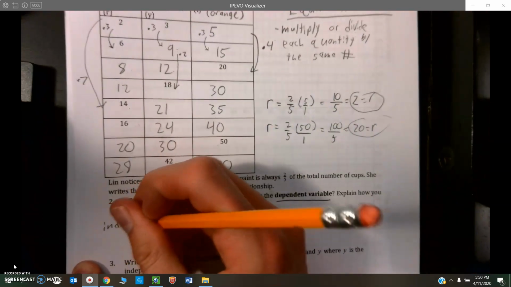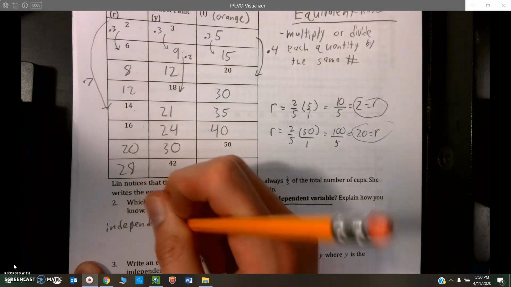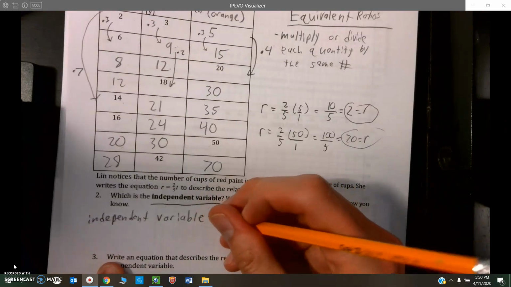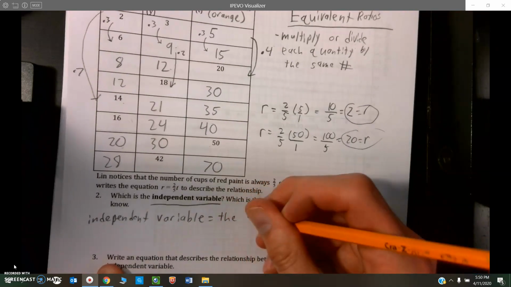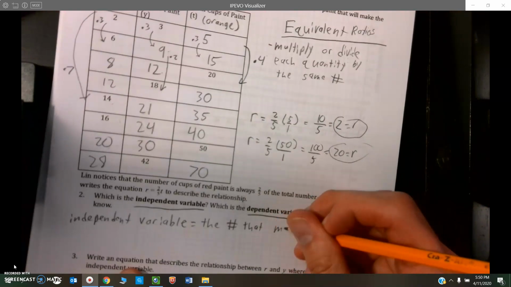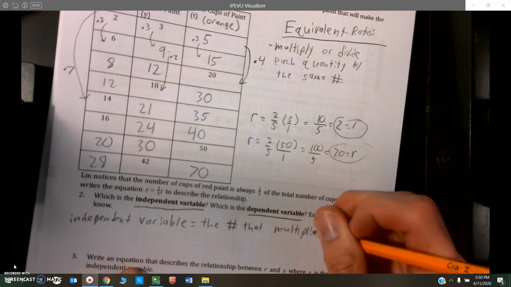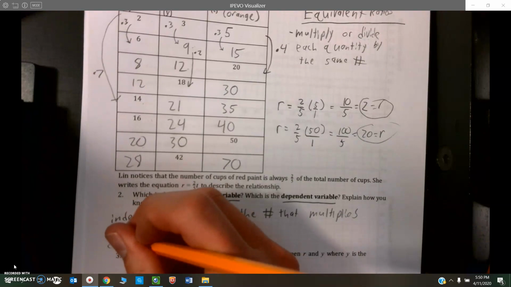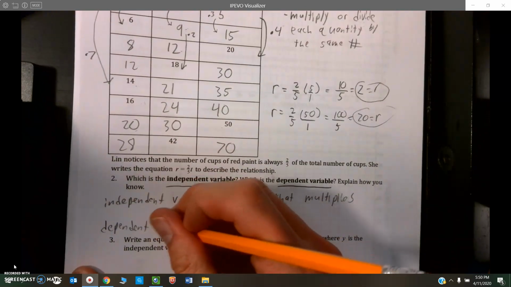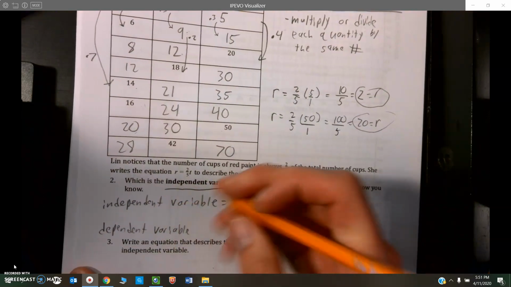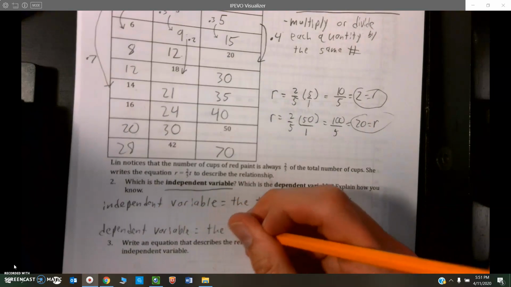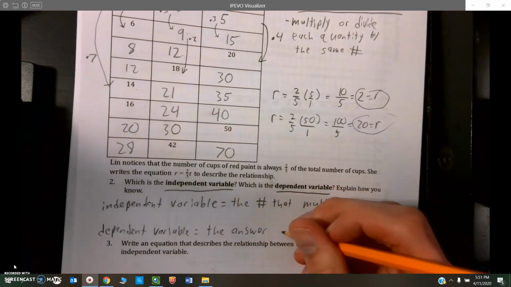So, the independent variable is the number that multiplies, and the dependent variable is the answer you get.